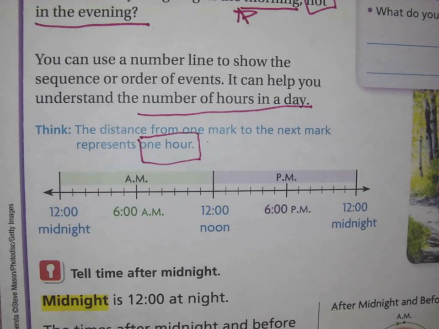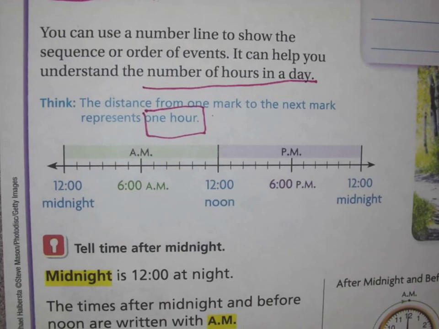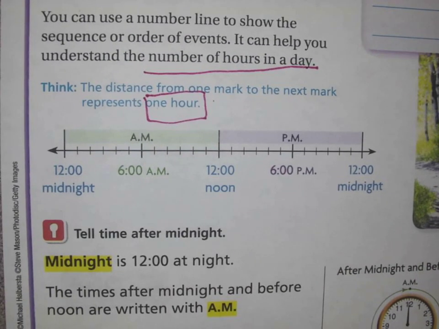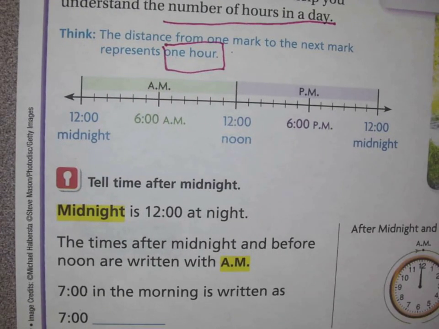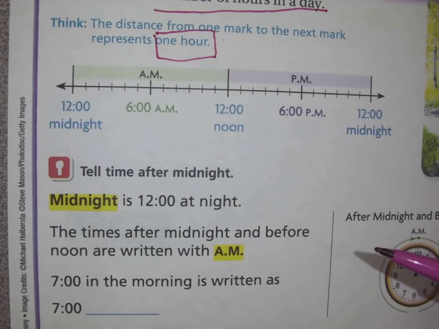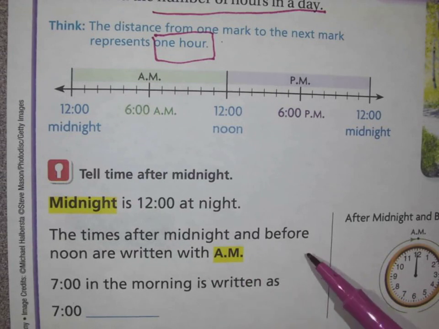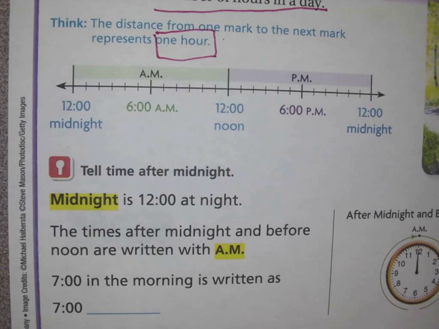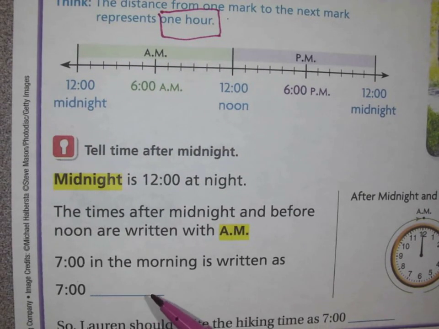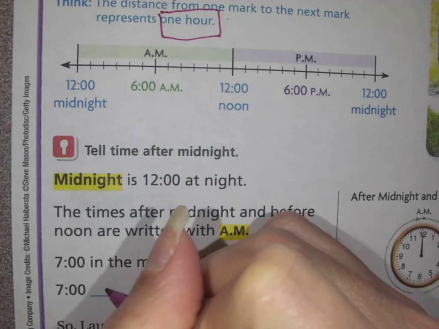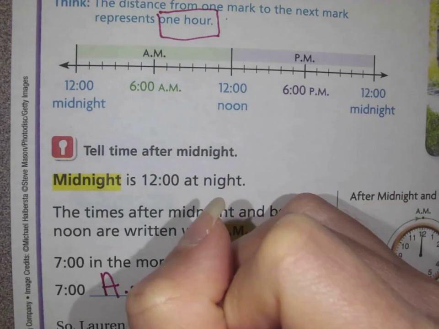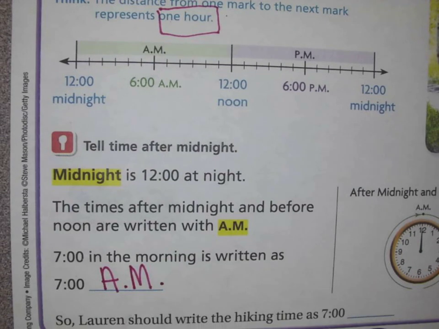All right, so let's tell time after midnight, okay? We know that midnight, boys and girls, is at 12 at night. The times after midnight and before noon are written with AM, okay? So 7 o'clock in the morning is written as 7 a.m. Capital A dot, capital M dot, okay?